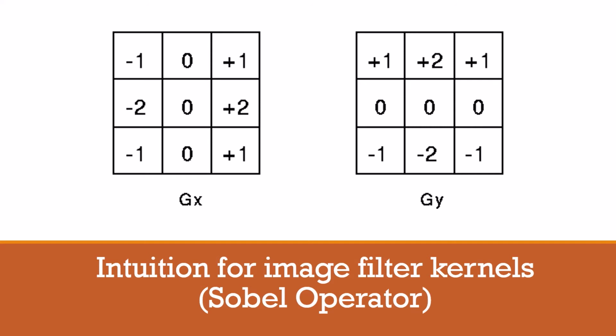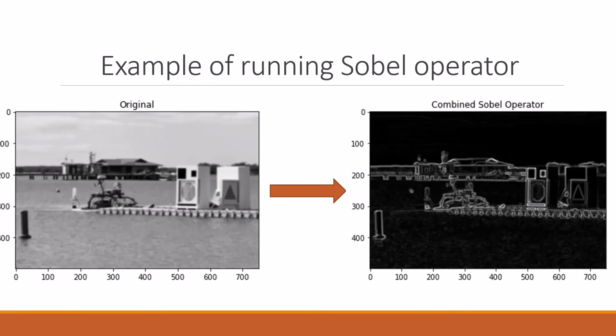Gx and Gy are known as Sobel operators. Utilizing the Sobel operators, we can do edge detection. This is an example of using the previous two matrices Gx and Gy to extract edges in an image.